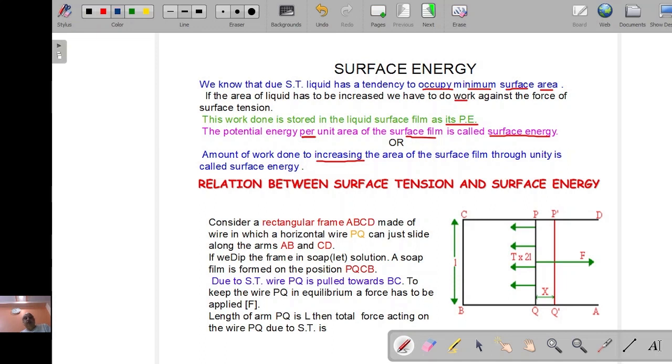Now let us say we have a U-shaped wire. This U-shaped wire is A, B, C, D, and this wire is taken as a horizontal wire.